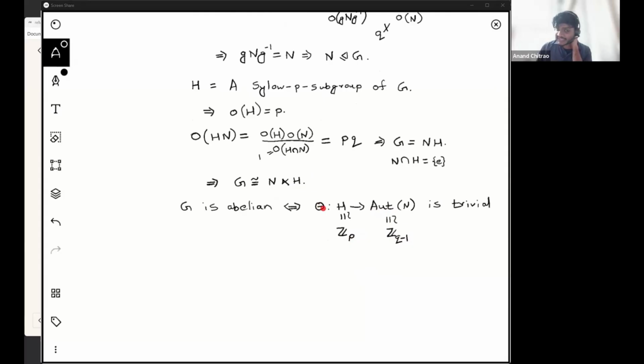So therefore, there is a single homomorphism, and that's the trivial homomorphism. Number of thetas equals the GCD of P and Q minus 1, which equals 1 since P doesn't divide Q minus 1. So therefore, this theta is trivial, which means G is abelian.